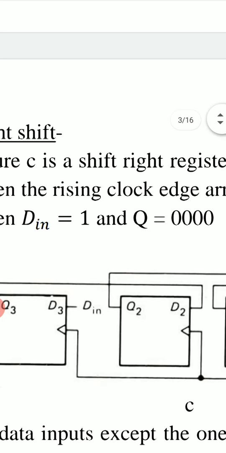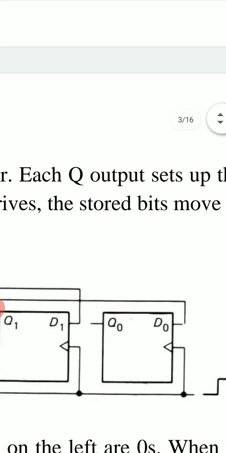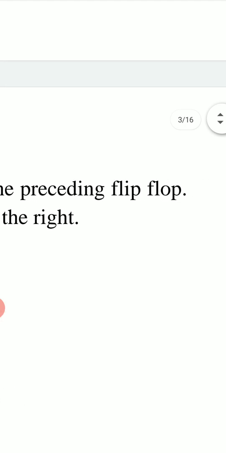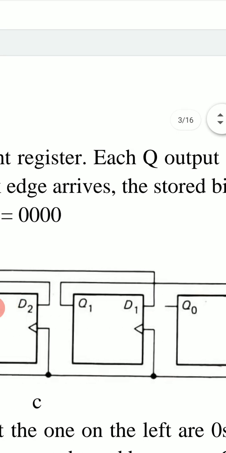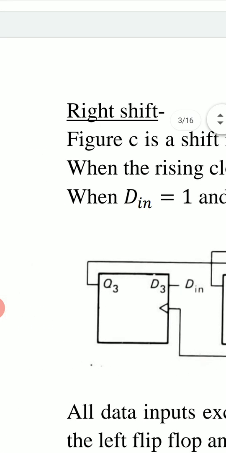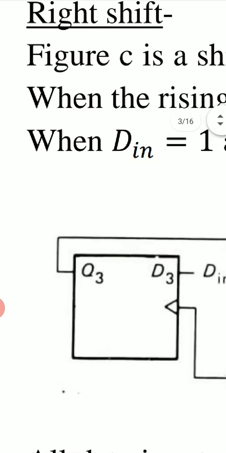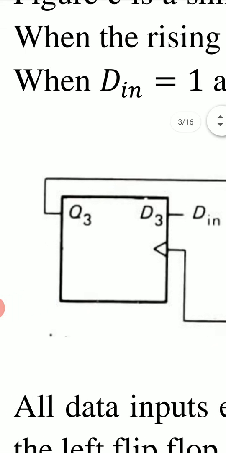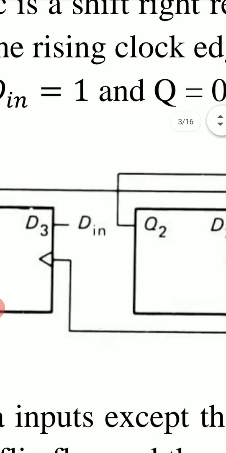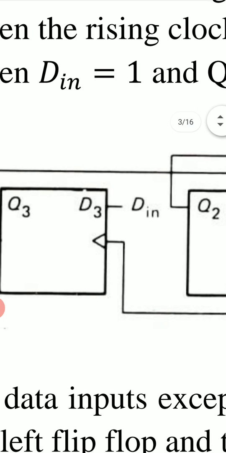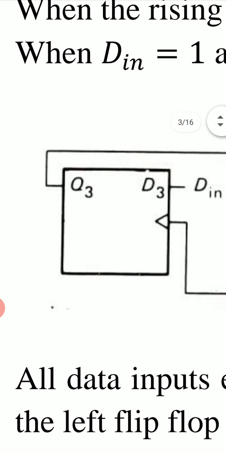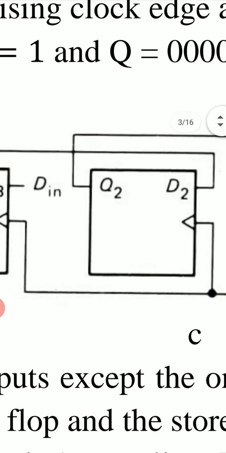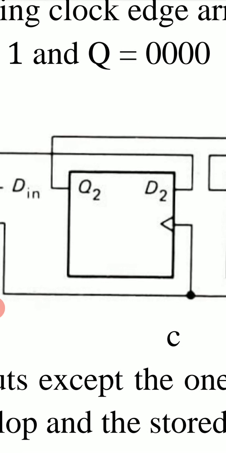This is shift left. Now we see right shift. Figure C is a shift right register. Each Q output sets up the D input of the preceding flip-flop. In the right shift register, this Q3 is connected to D2. The output of each D flip-flop is connected to the input of the preceding D flip-flop.